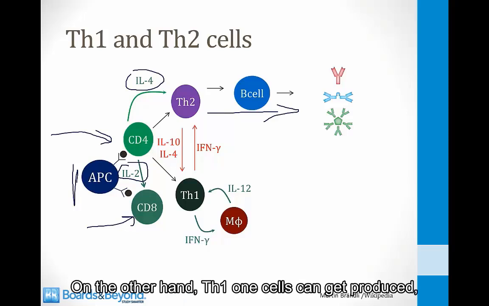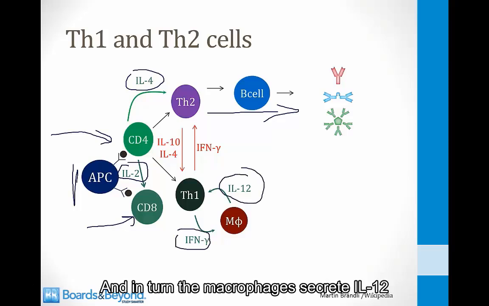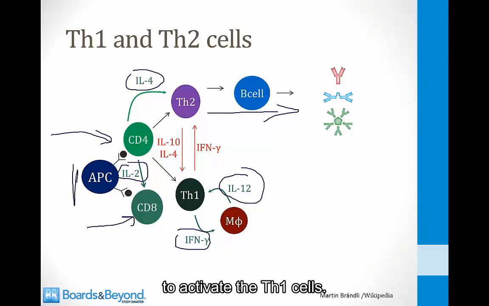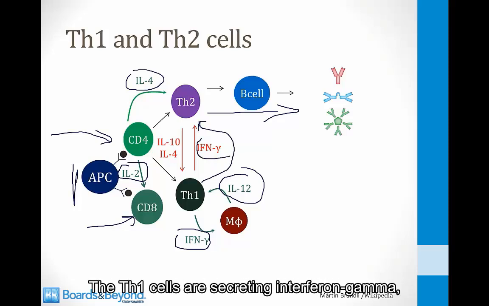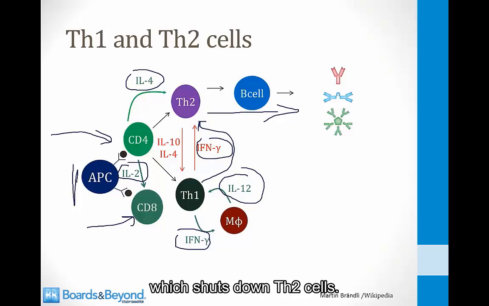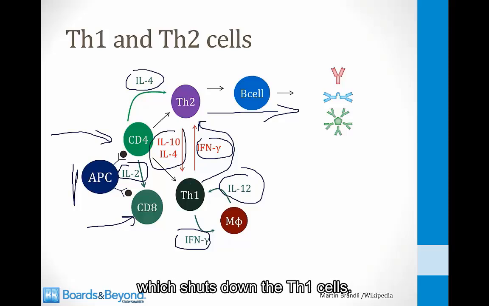On the other hand, Th1 cells can get produced, which secrete interferon gamma, which activate macrophages, and in turn the macrophages secrete IL-12 to activate the Th1 cells. There's a little battle going on here between the Th2 cells and the Th1 cells. The Th1 cells are secreting interferon gamma, which shuts down Th2 cells, and in turn the Th2 cells are secreting IL-10 and IL-4, which shuts down the Th1 cells.